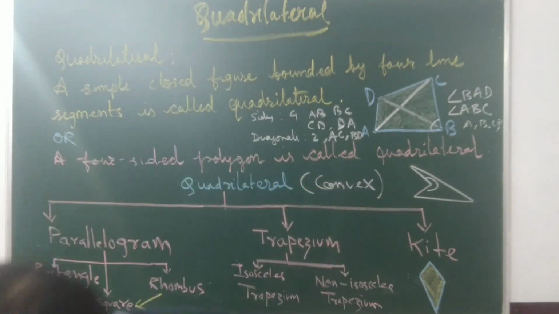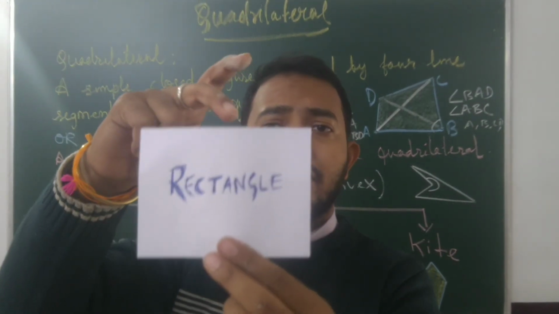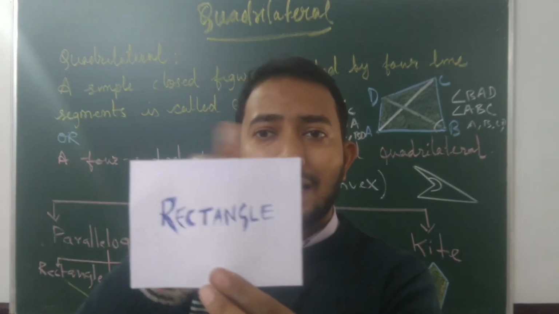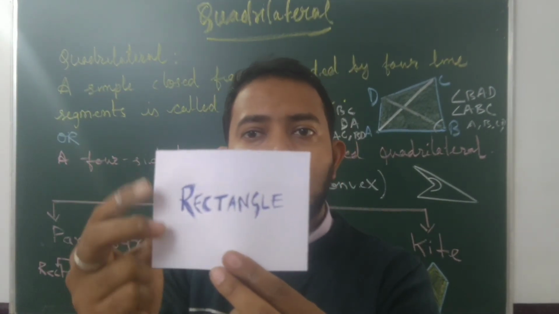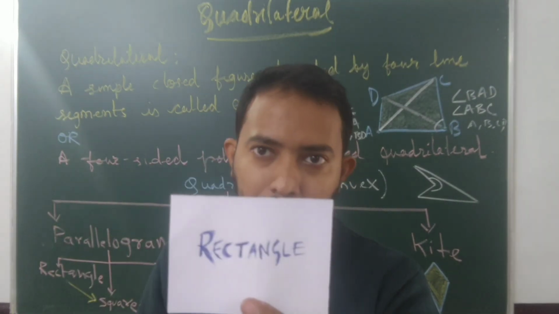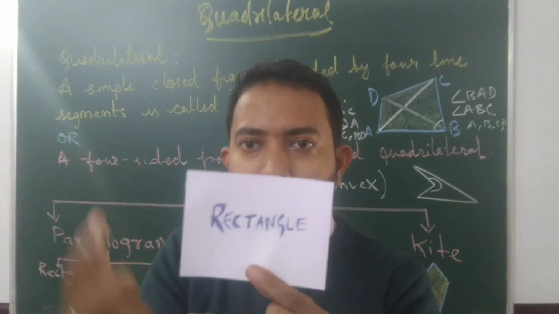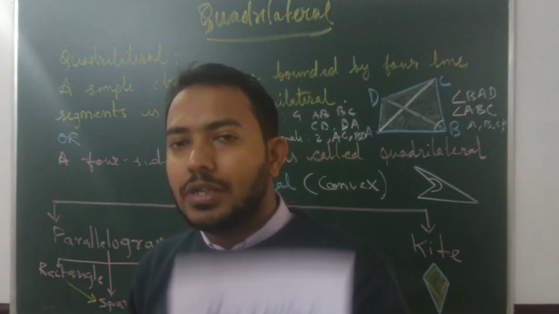Similarly, if I take a rectangle, in a rectangle opposite sides are equal to one another and parallel, and they are making 90 degrees here and here. So this is a rectangle, and if all sides are equal to one another and angles are 90 degrees, then this rectangle converts into a square.